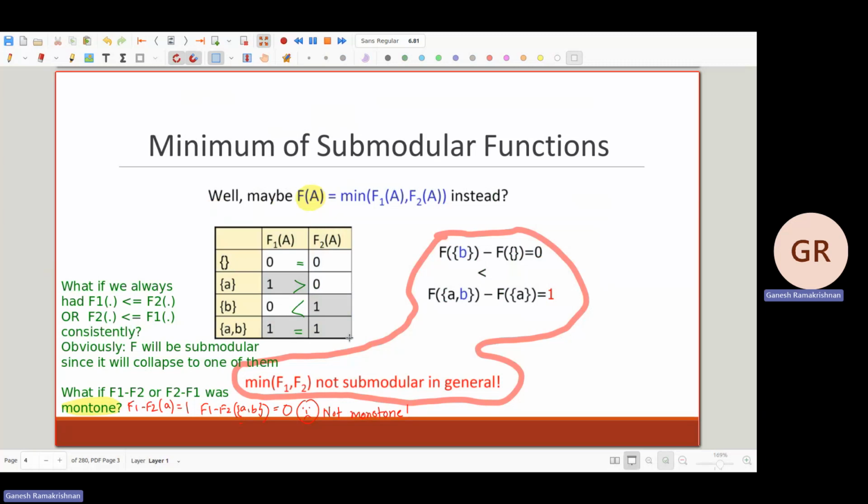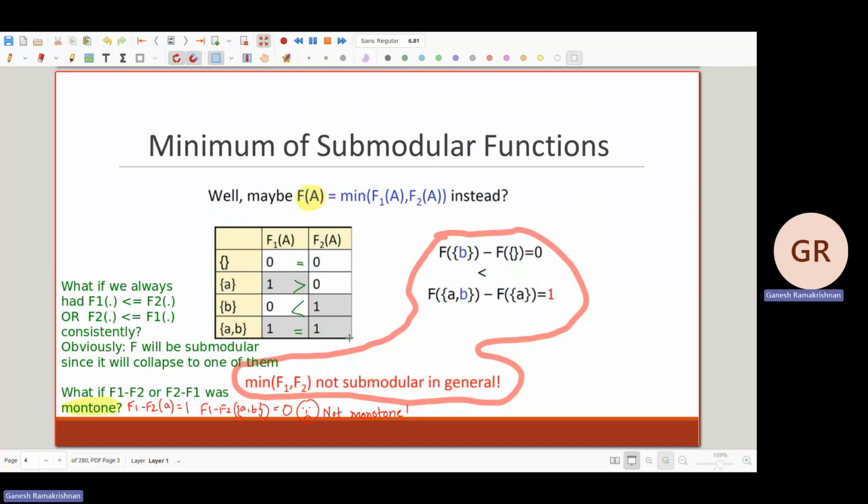F is the min of these two. The min of these two is 1. So 1 minus 0 versus 0 minus 0. The min of this is 0, the min of this is 0. You understand? We will look at the min of each row.